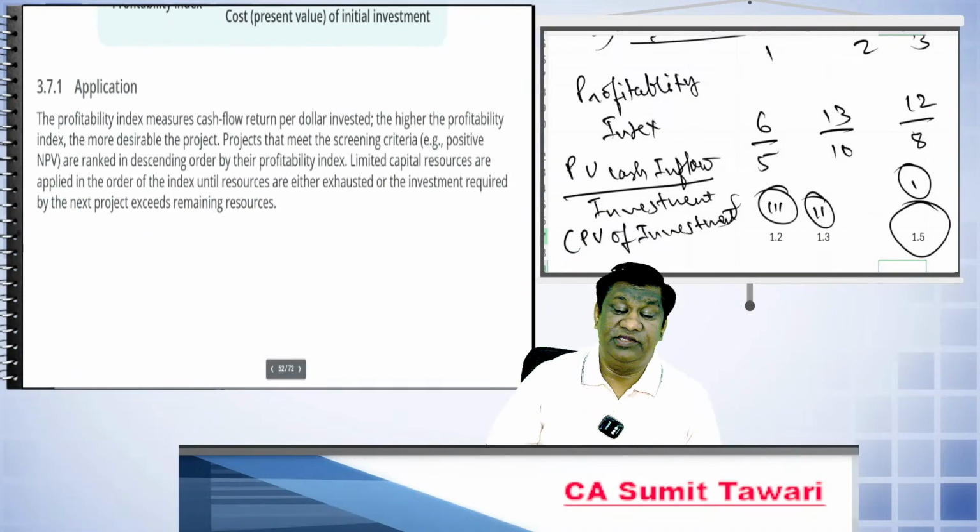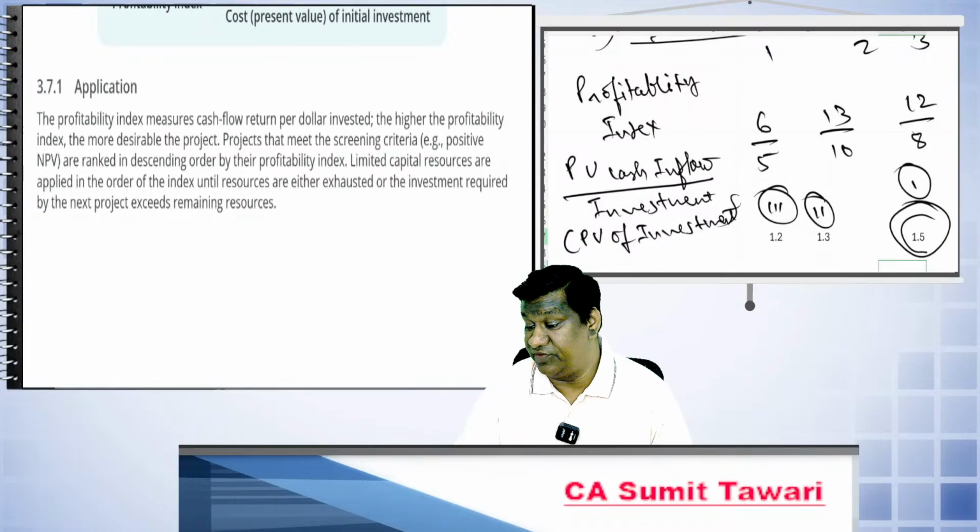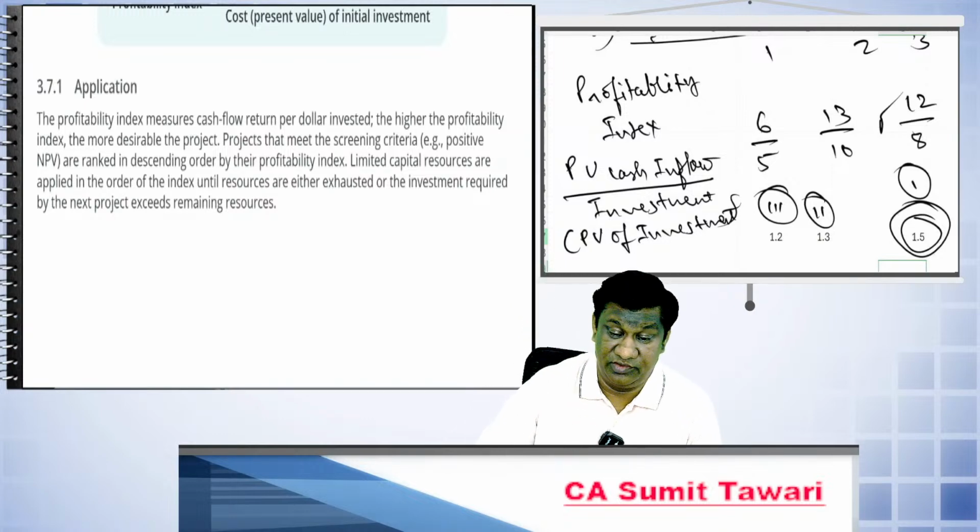Application: the profitability index measures cash flow return per dollar invested. The higher the profitability index, the more desirable the project. Here 1.5 means you need to opt for this project first.